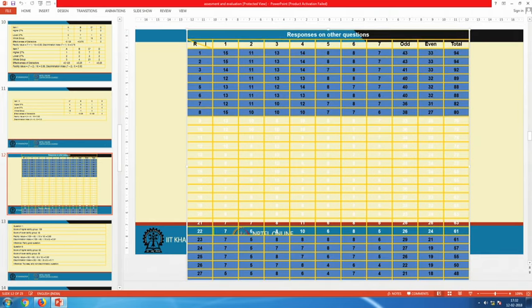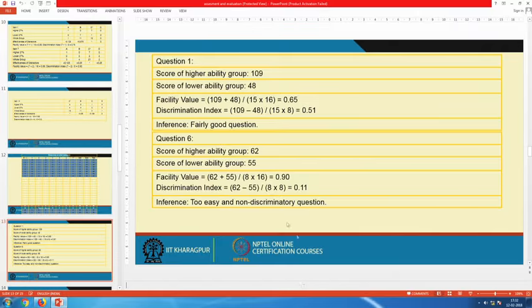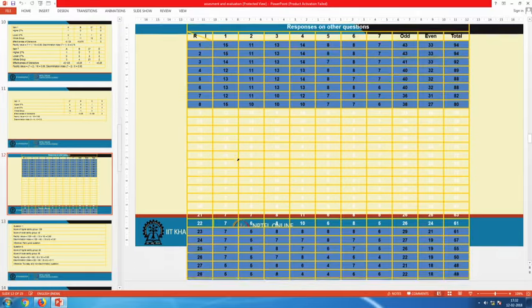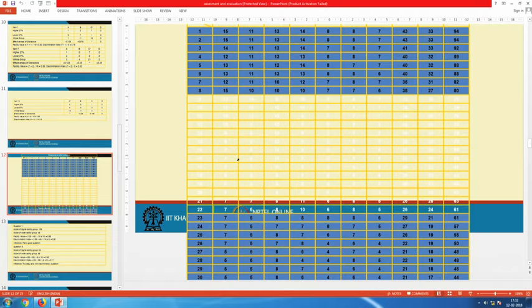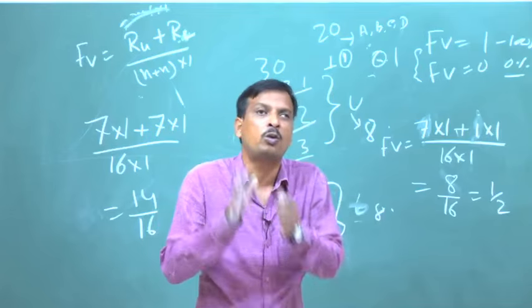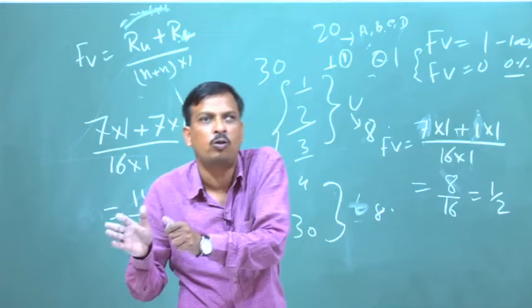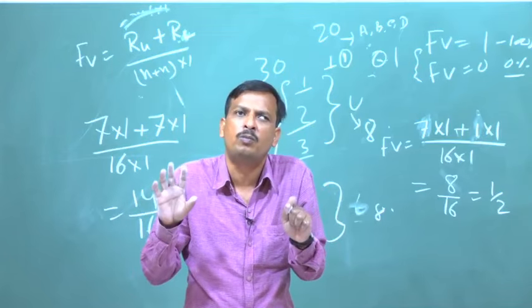Now, I decide the upper group of 8 students and the lower group of 8 students. Okay. Now, the total marks obtained by the upper group divided by the total marks, plus the total marks obtained by the lower group divided by the total marks of the group.